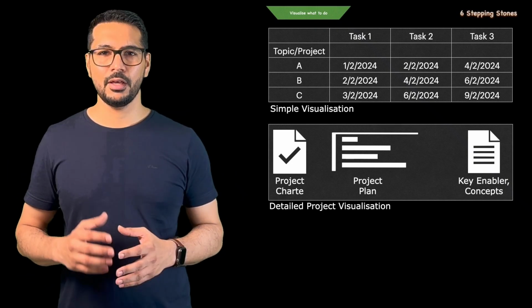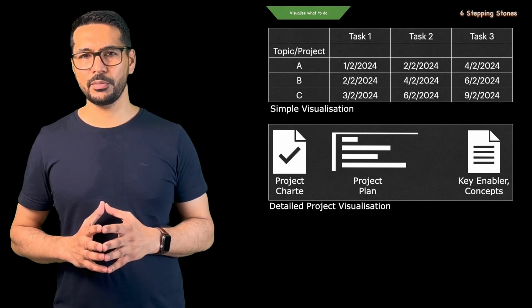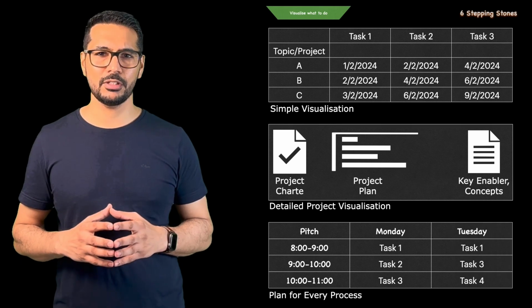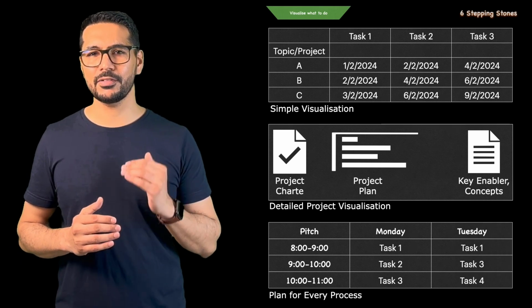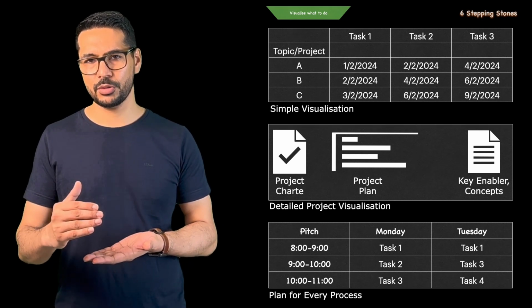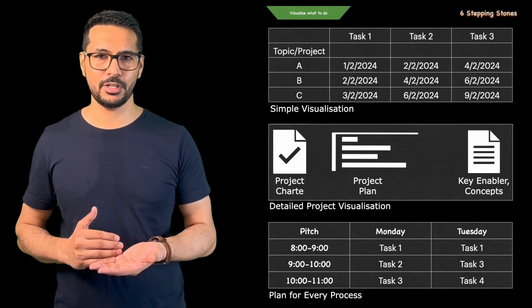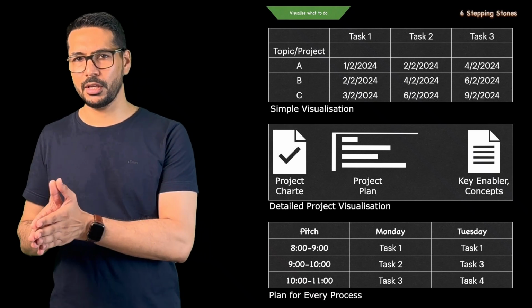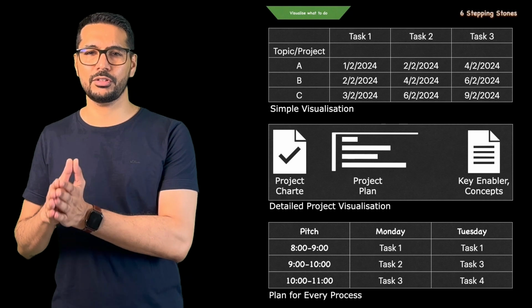The third type of visualization could be a plan for every process. In this type of visualization we have clearly defined times. At 9 o'clock this task should be done, at 10 o'clock this task should be done, and on Monday this task will be done, and on Tuesday task number 2 or 3 will be done.